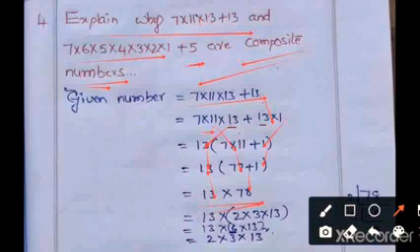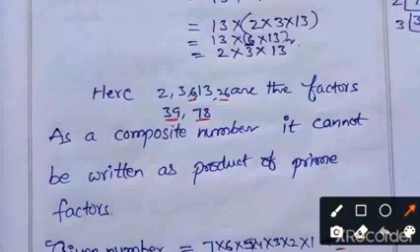Actually this complete expression is not needed. Here 13 into 78. We know the meaning of a composite number. A composite number should not be a prime number and should not be 1. 1 and prime numbers should not be there in composite numbers.